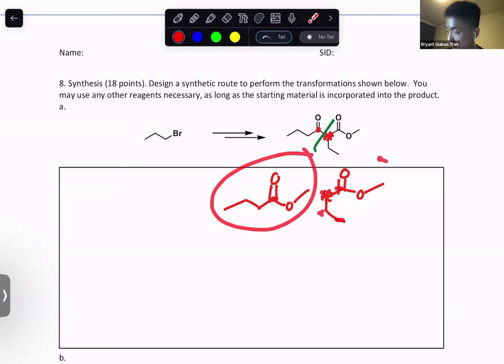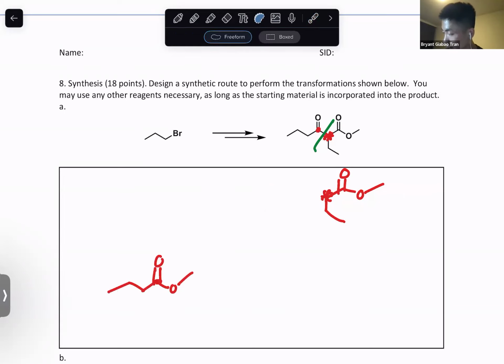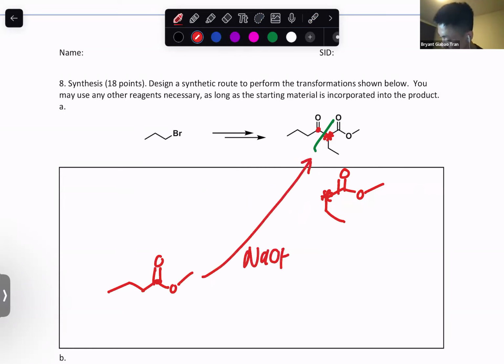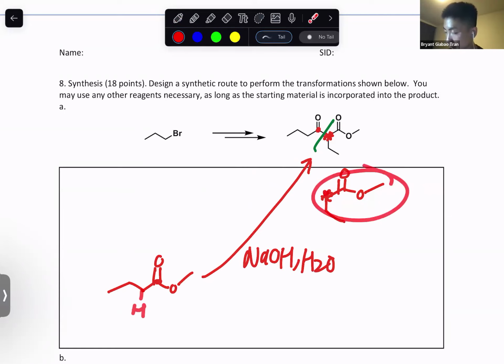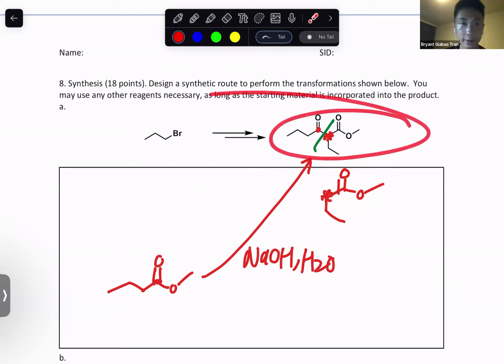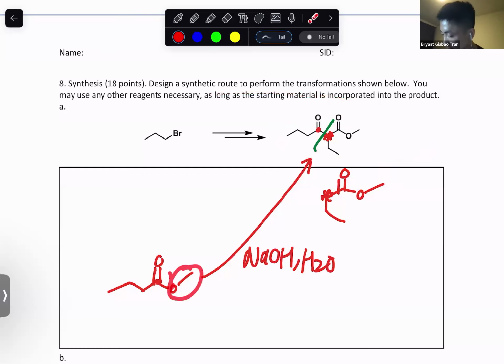So we could do self Claisen condensation by introducing base and water, NaOH and water. Because the first thing is to deprotonate this alpha carbon to make that into a nucleophile, which is just going to attack another version of itself and then do the whole Claisen mechanism to get the 1,3-dicarbonyl here, where one of the OR groups will just leave.